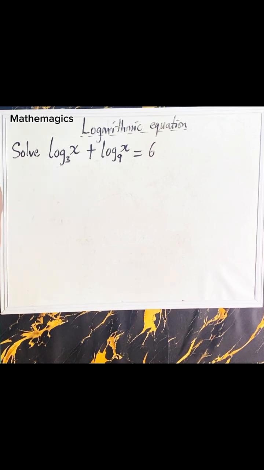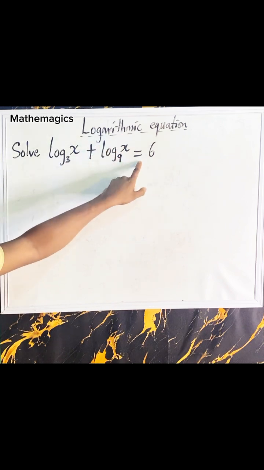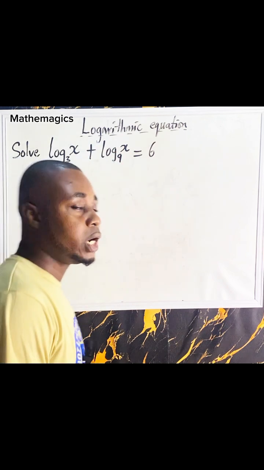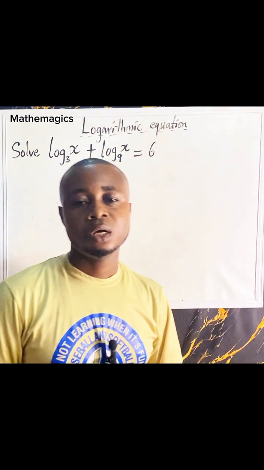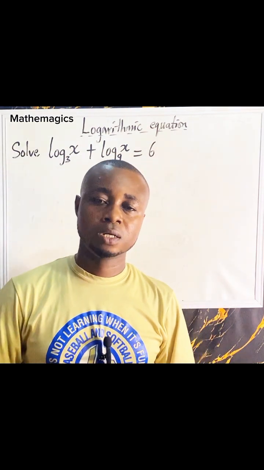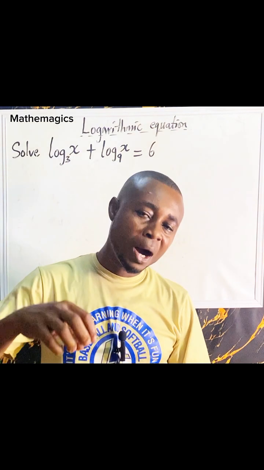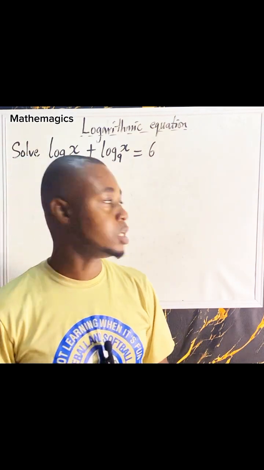The question reads thus: solve log to base 3 of x plus log to base 9 of x is equal to 6. This has to do with a logarithmic equation. And you know what logarithm is? Logarithm has to do with the power to which a base is raised.